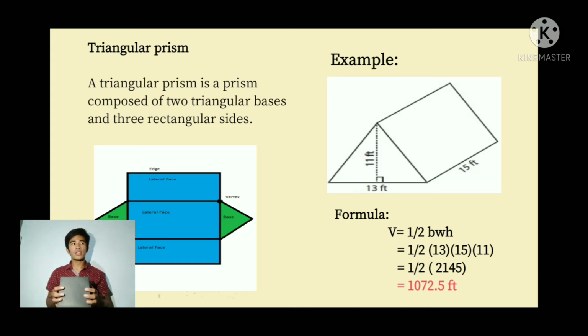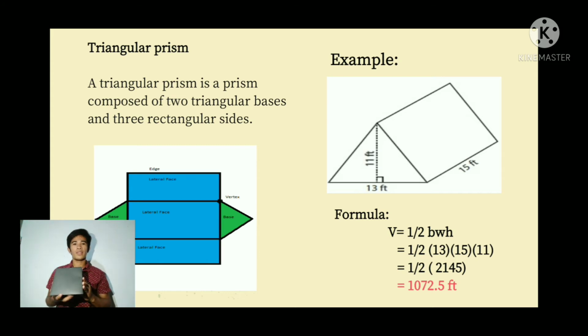So the answer is 2145. So 1 half of 2145 is 1072.5 feet. So that is the volume of the triangular prism. Naintindihan ba? Gets na ba?